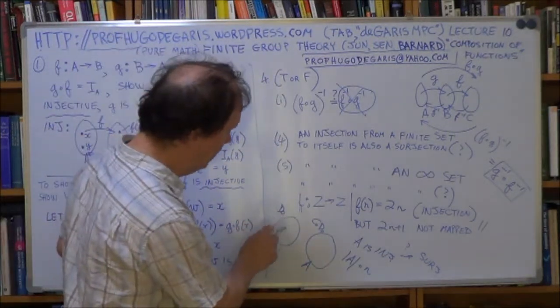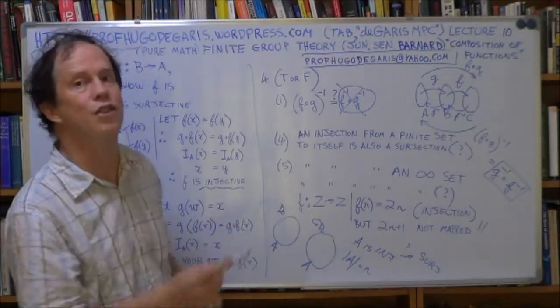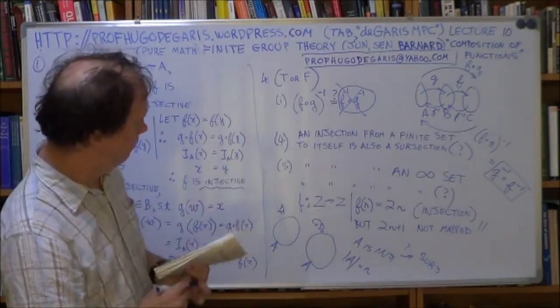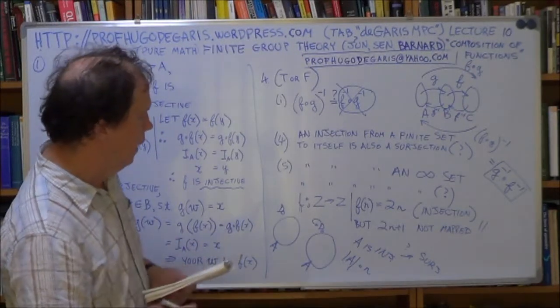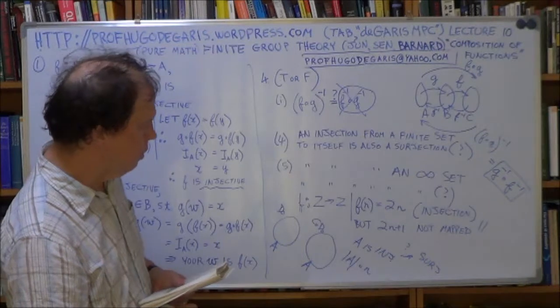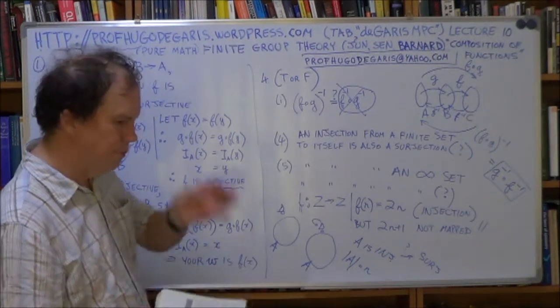So you're mapping set A into itself, from A to A, and you're asked to show, is it also surjective? All right. Well, think a minute.